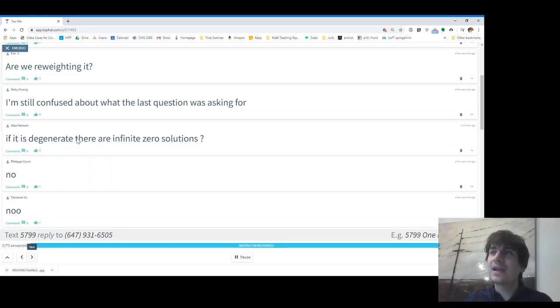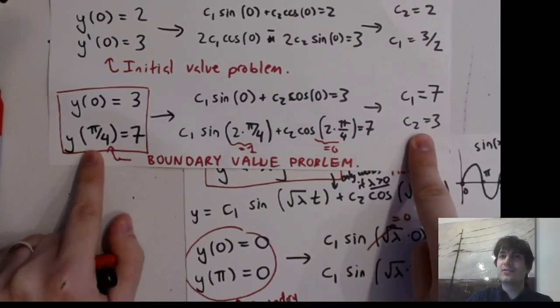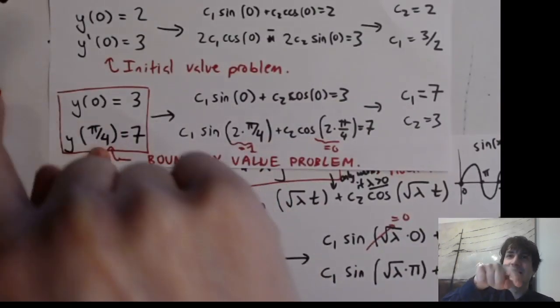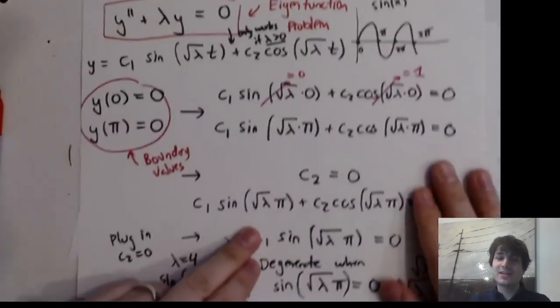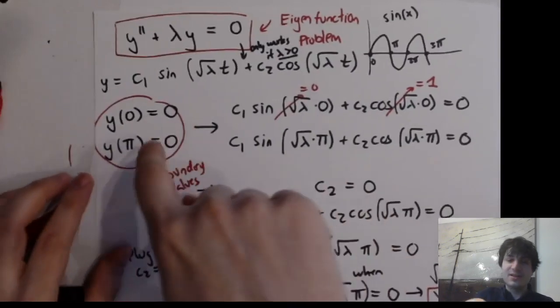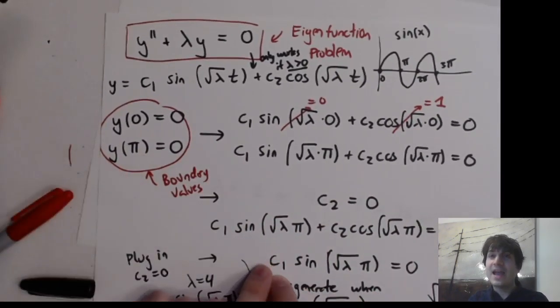If it's degenerate, there are infinitely many solutions. So you would like it to be like this problem where there's only one. So 2 pieces of information gives you 1 solution. That's the sort of non-degenerate case, the regular case. You give me the 2 pieces of information, I give you the solution. The degenerate case is when it happens that there are infinitely many solutions. So in this example, when it's degenerate, then any value of C1 works.